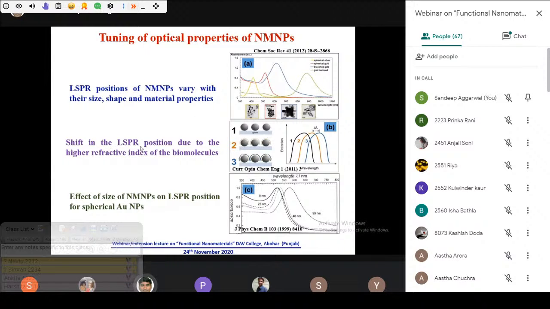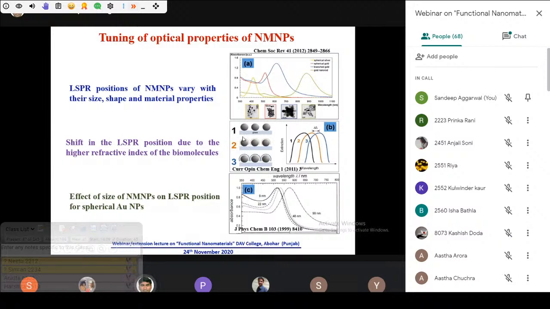Next, this is also the absorption properties, but here what we are looking at is that on the surface there are some molecules. Right now we are talking about the application part, how these noble metal nanoparticles are being used. So if we have any molecules on the surface of the particles, then what will happen?